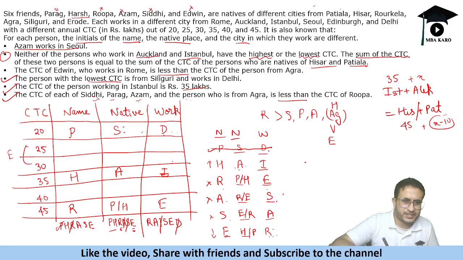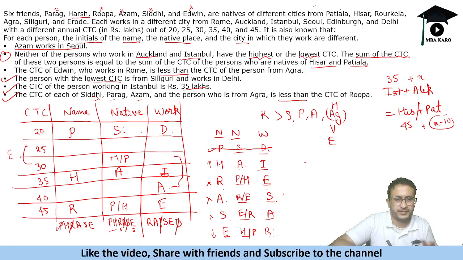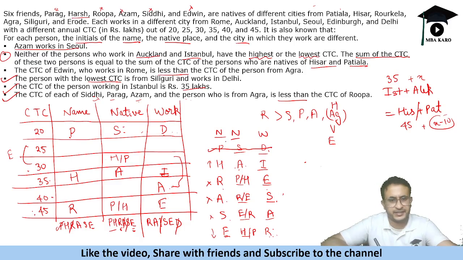Now where is a difference of 10 coming? In 30 and 40. Okay, so this means that if you take Auckland here and the other one of Hisar or Patiala, then this matches. So if you see this is 45 and 30, that is 75, and 40 and 35, 75. If you do not get this difference of 10, you can do hit and trial and get it. How will we do hit and trial? Istanbul is already 35.